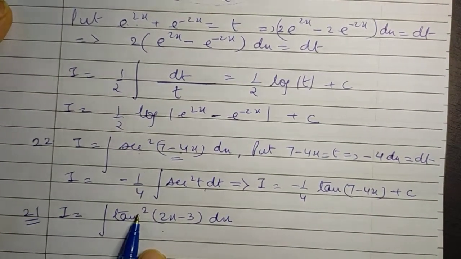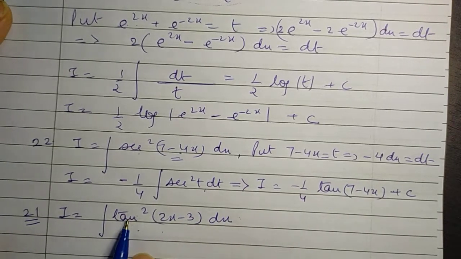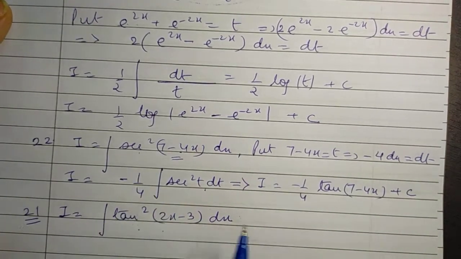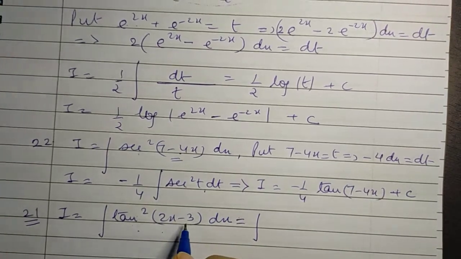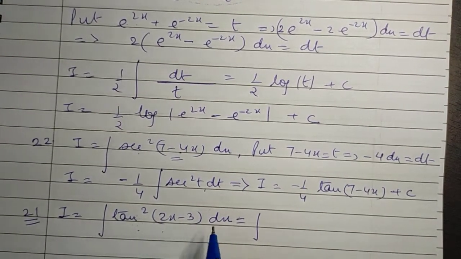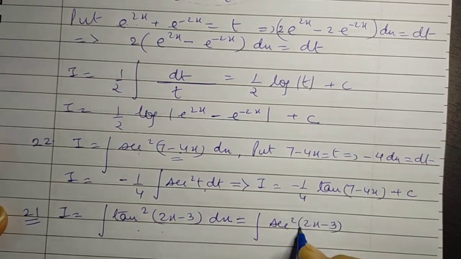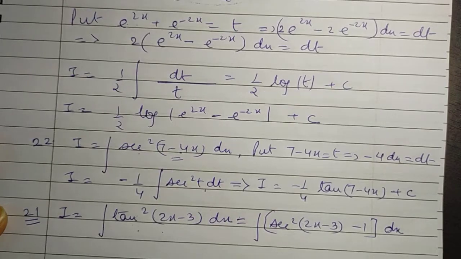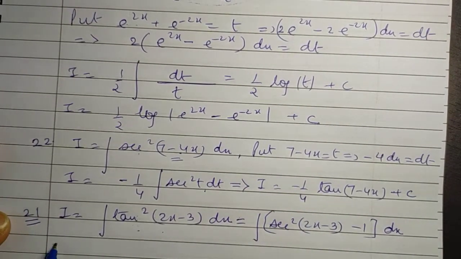But it can be converted to a form suitable for integration. That is, tan squared x can be written in terms of sec squared. So first step involved is you write it as tan squared, we know, is equal to sec squared minus 1. So I'll write it as sec squared of 2x minus 3 minus 1 whole into dx. And now do the needful exactly on this line.